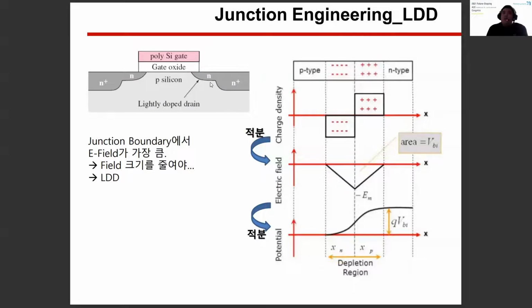To deal with this, we put a lightly doped area in the overlapping of gate and drain and of gate and source. With this, the electric field is much lower than in conventional devices, so the scattering and the saturation of velocity are better than in older devices.